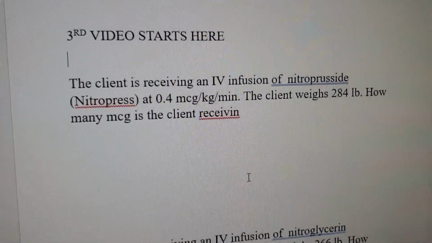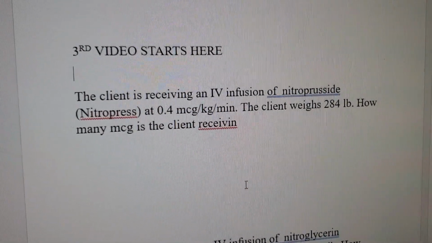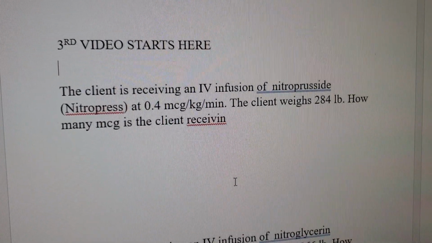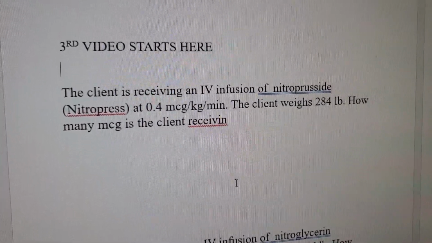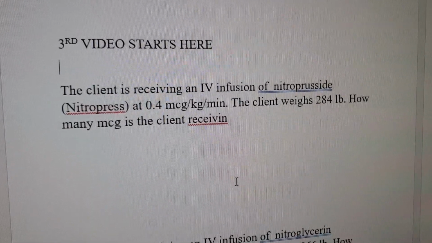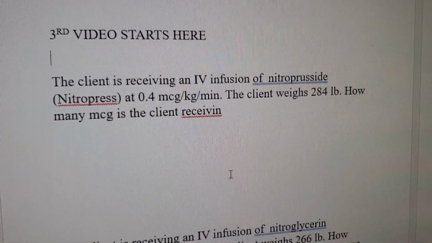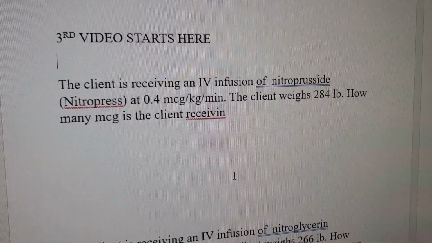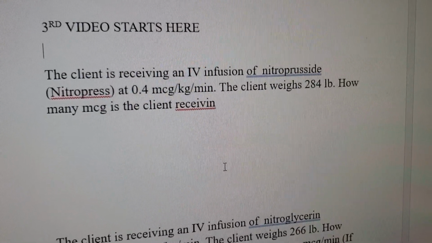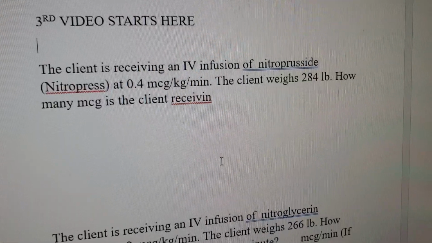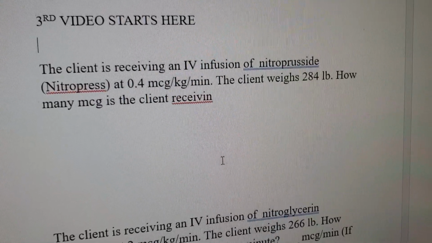So the first question we are taking in this session says the client is receiving an IV infusion of nitroprusside or Nitropress at 0.4 microgram per kilogram per minute. The client weighs 284 pounds.